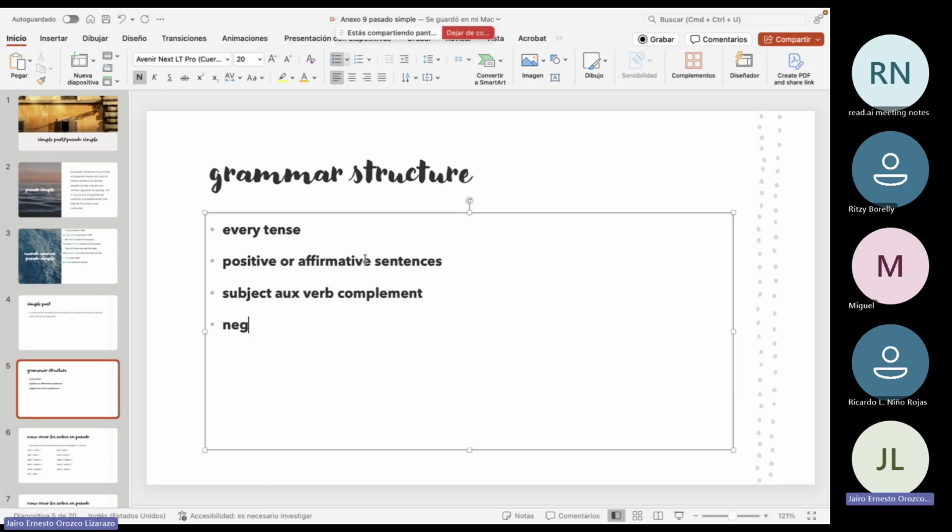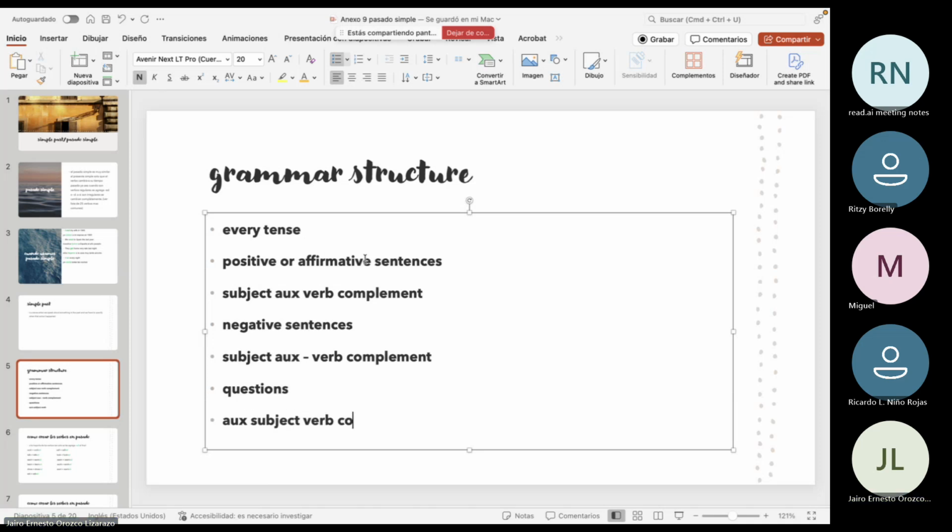For negative sentences, we use the subject, the auxiliary in negative, the verb, and the complement as well. And finally, for questions, we have the auxiliary, the subject, the verb, the complement, and the interrogation sign, right?